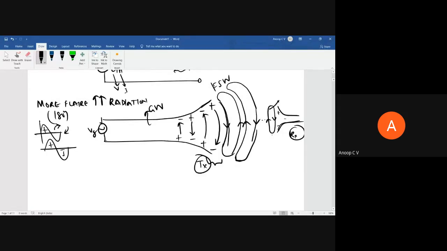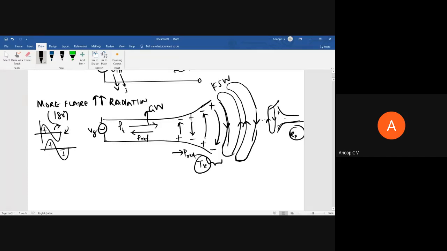Suppose some power PT is transmitted by the generator. Some P reflected is reflected back, and P rad, which I am simply writing, will be radiated. So a power is incident, a part is radiated, and the remaining part is reflected back.